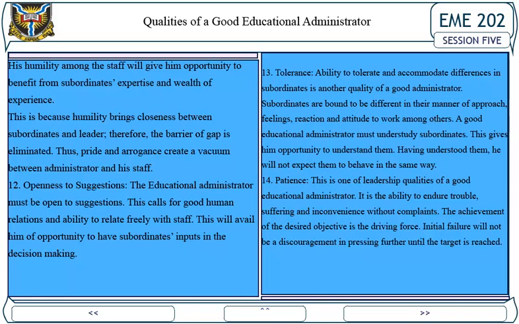9. Sensitivity. A good educational administrator must be sensitive to the feelings of others, while at the same time being considerate. Insensitivity on the part of the administrator could lead to unexpected risks.